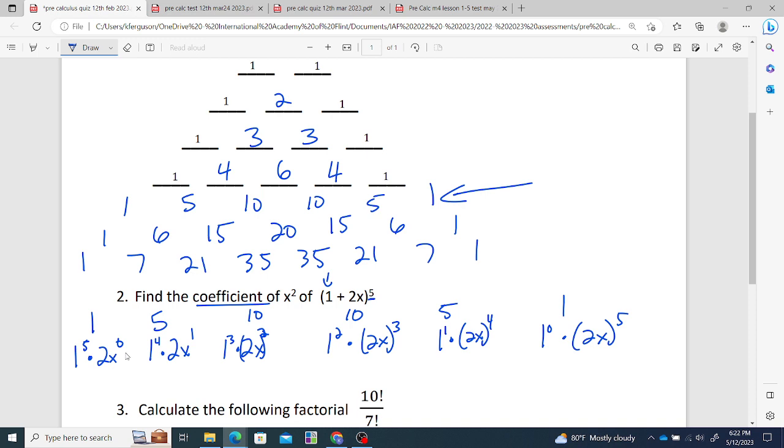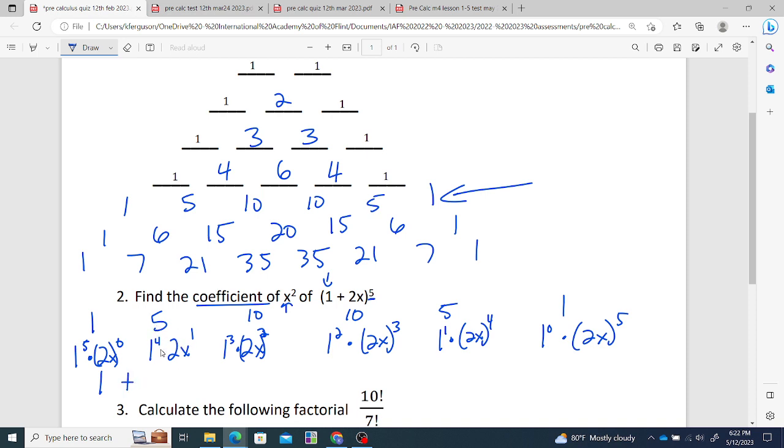So now I'm going to figure out what term I get here, because I'm looking for the coefficient of x squared. When I multiply these two things, that's 1 to the fifth power, which is 1, and then 2x to the 0 power. 2x to the 0 power is 1. Anything to the 0 power is 1. So that's 1 plus.